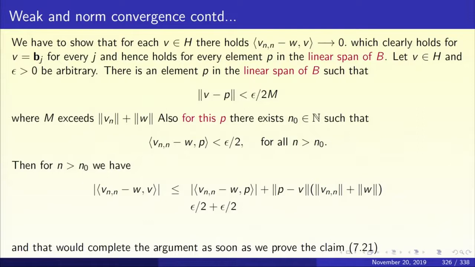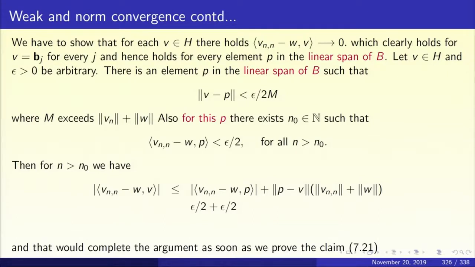So the requirement holds when V equals B1, B2, B3, etc. So it will hold for every finite linear combination. In other words, it will hold for every element V in the linear span of B.